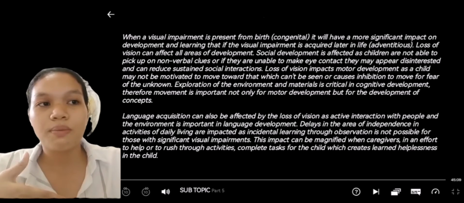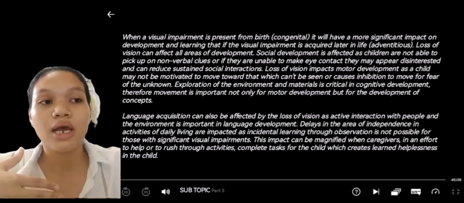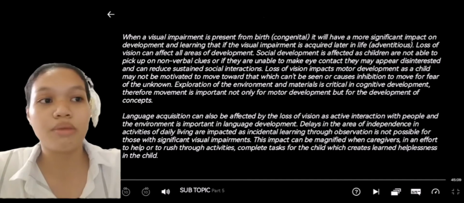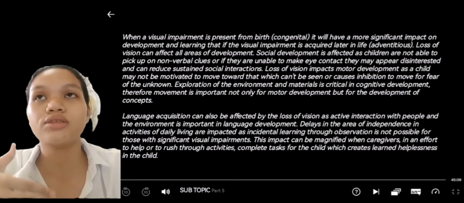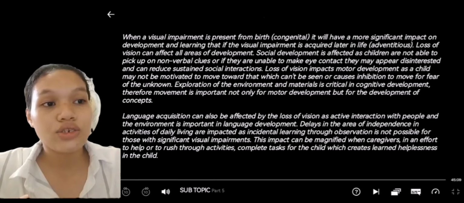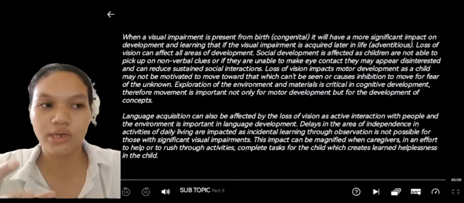Social development is affected as children are not able to pick up on non-verbal cues, or if they are unable to make eye contact, they may appear disinterested, which can reduce sustained social interactions with other children.